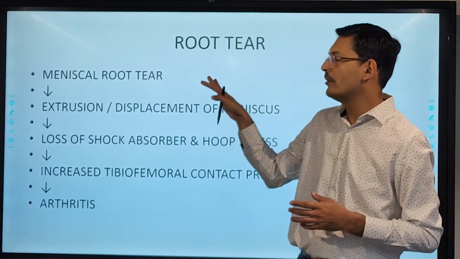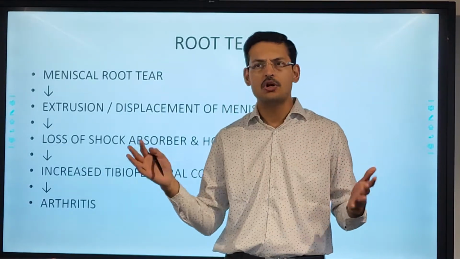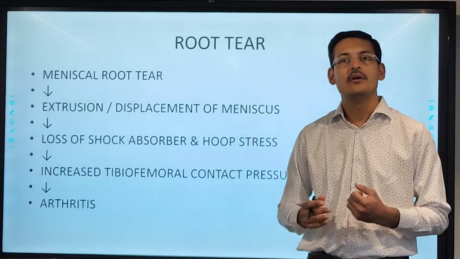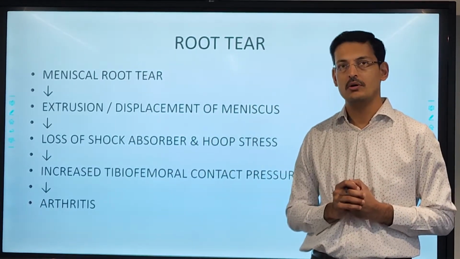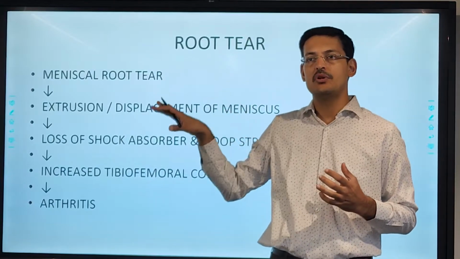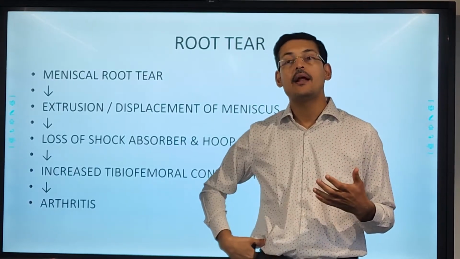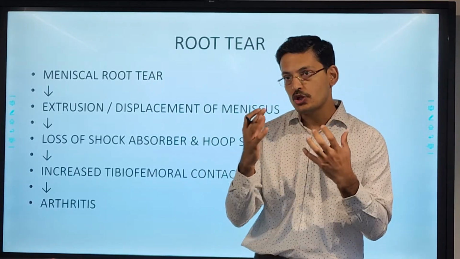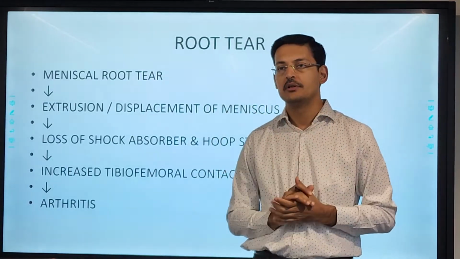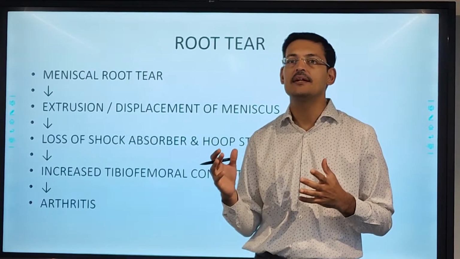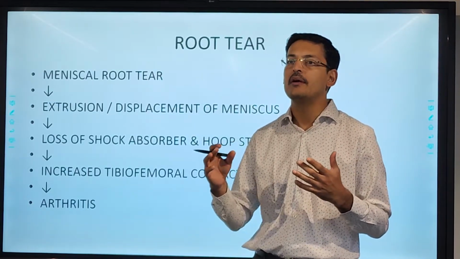Now, you may be seeing a lot of patients in your OPD coming to you with osteoarthritis. So this is basically the pathophysiology, how the osteoarthritis happens, how it progresses, and what we can do to stop that, or you want to delay it. Now, osteoarthritis basically is a very common ailment.